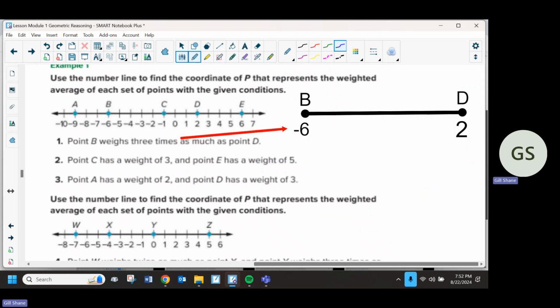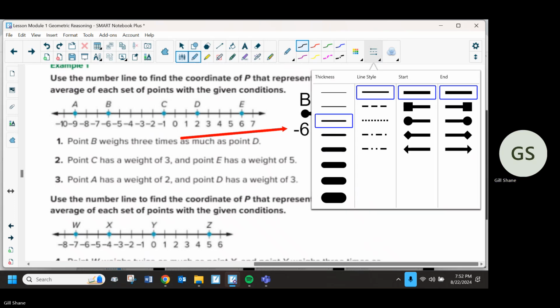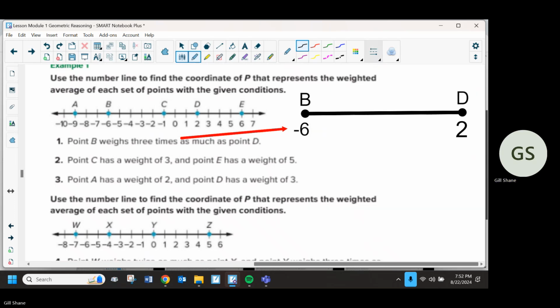Really quickly, I'm going to start going a little bit faster. I guess I'll draw. Yeah, I'll just draw. Actually, here I'm gonna scratch through and change it on the number line here. So the next one, point C has a weight of 3. So I'm just gonna write C over the top of that. Point E has a weight of 5.